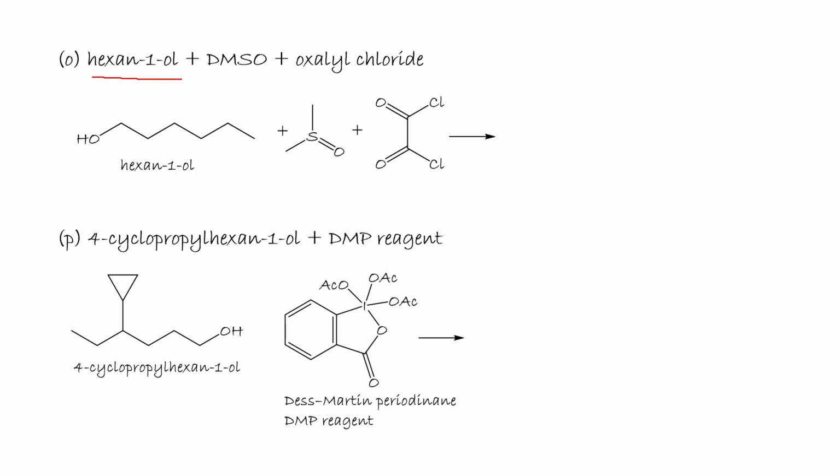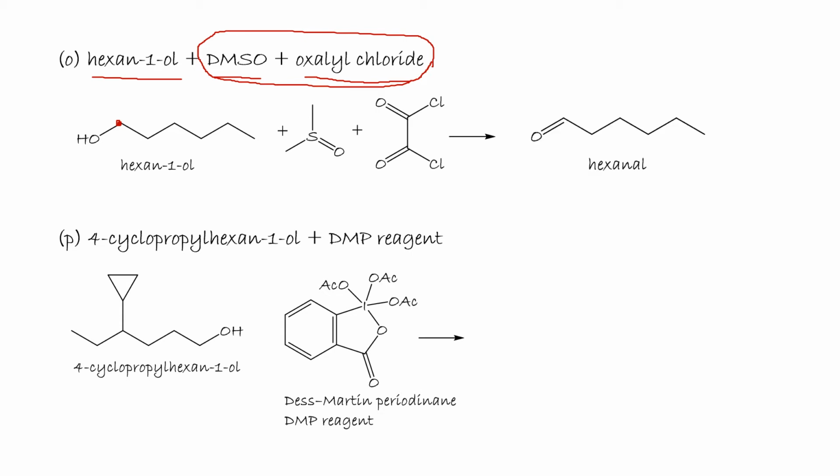Hexan-1-ol with dimethyl sulfoxide, oxalyl chloride, the mixture we call Swern reagent, is known to oxidize primary alcohol to an aldehyde, so the product will be hexanal. And stop. No further oxidation.